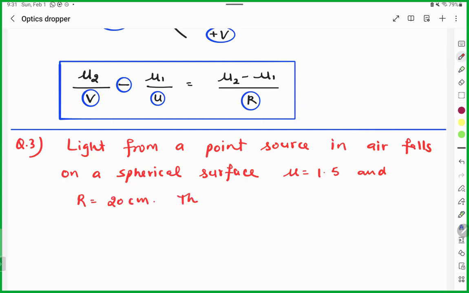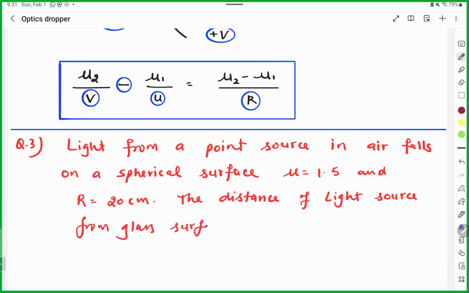The distance of the light source from the glass surface is 100 centimeter.